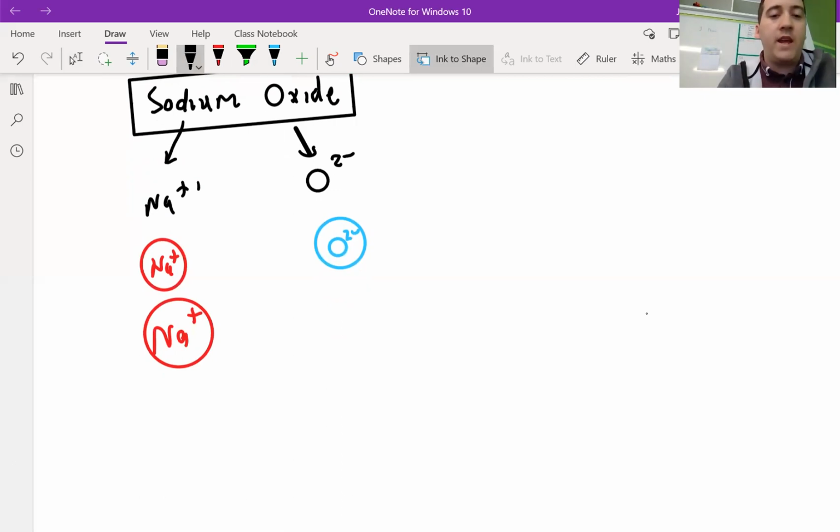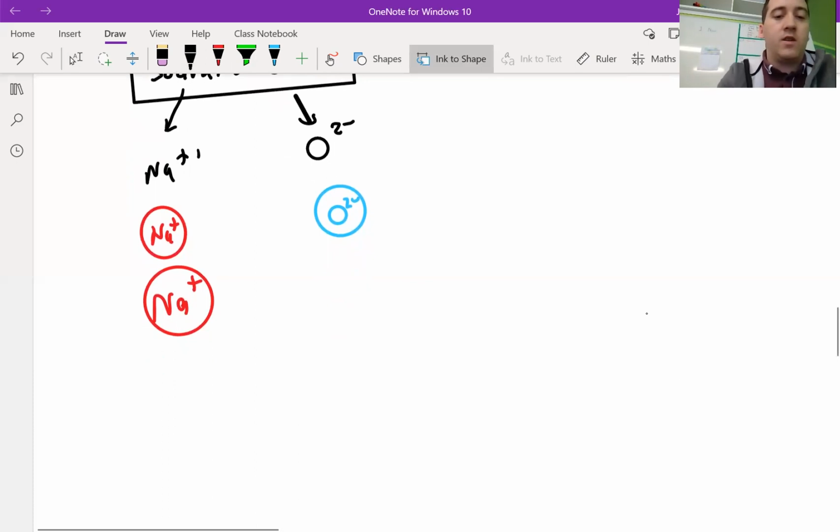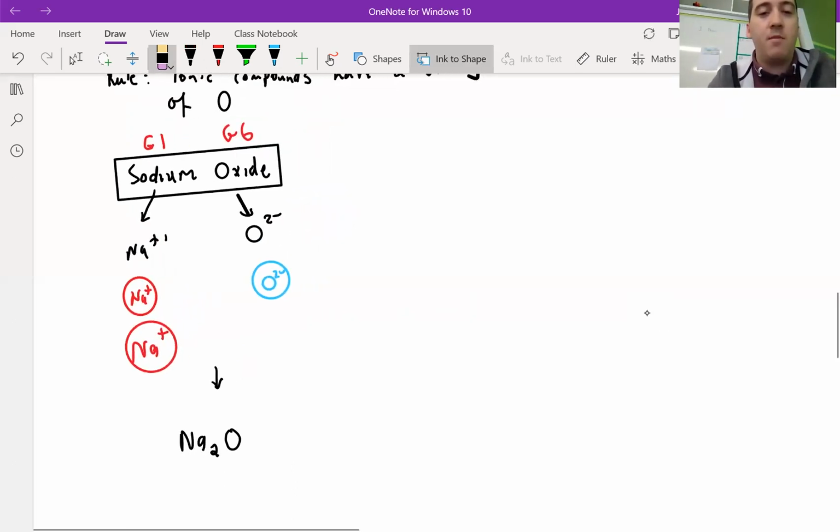So 2 Na plus balance out an O2 minus. So this gives me a compound with the formula Na2O. The subscript shows the number of sodiums, and the O is really an O1, but remember we don't need to write that one. So Na2O is the formula for this compound.